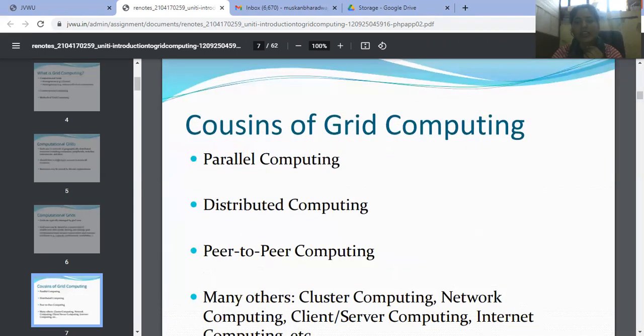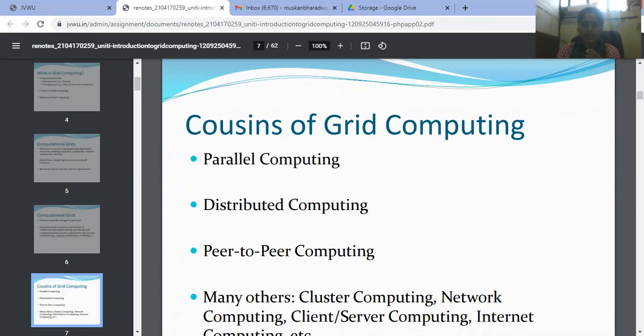Why? Because it is inexpensive compared to advanced technologies like cloud computing. So grid computing is very inexpensive.